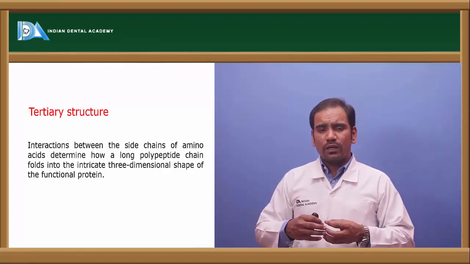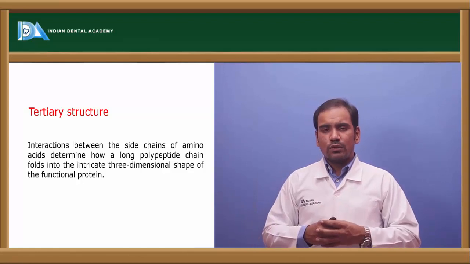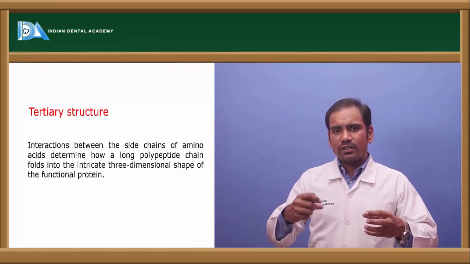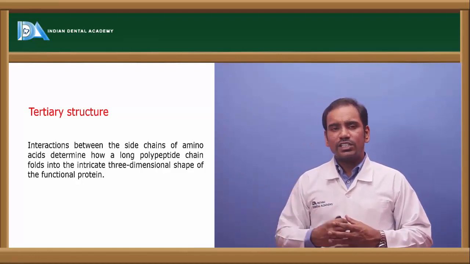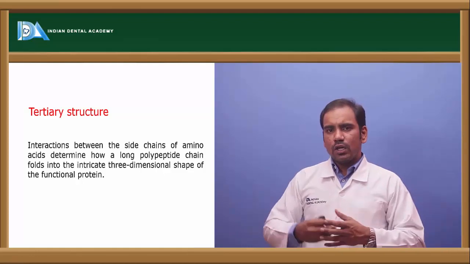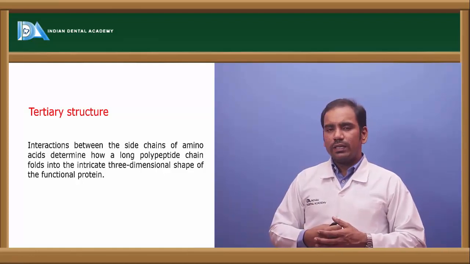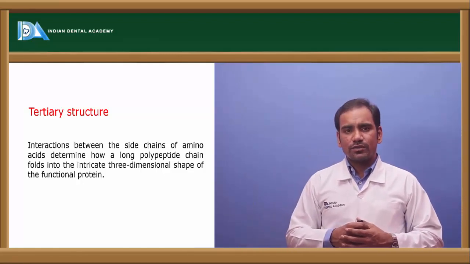The tertiary structure of a protein depends upon the sequence of amino acids in a polypeptide chain. So primary structure determines the biologically active form, that is tertiary structure. If all the amino acids are placed in the correct sequence, we will get the corresponding biologically active protein which has a three-dimensional structure.